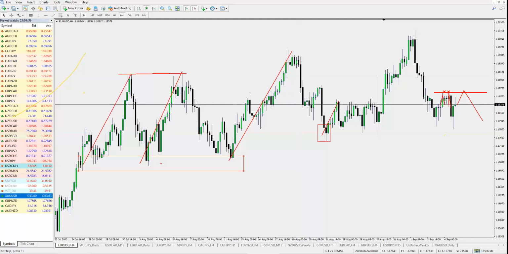Then price came back down, testing that same order block, pushing price back up. Price came back down, testing that same order block again, pushing price back up, while still testing that order block.